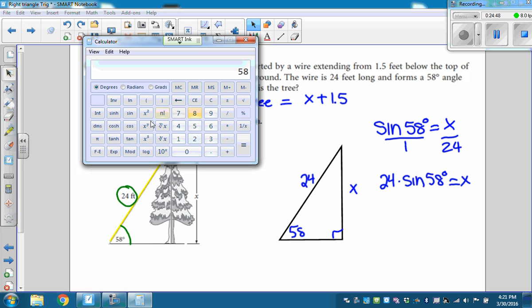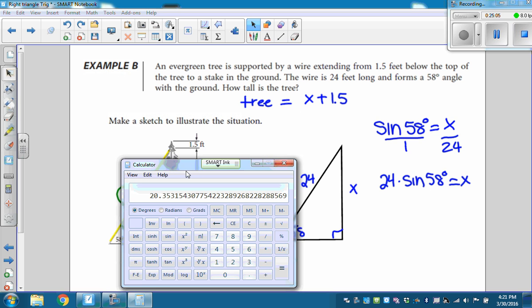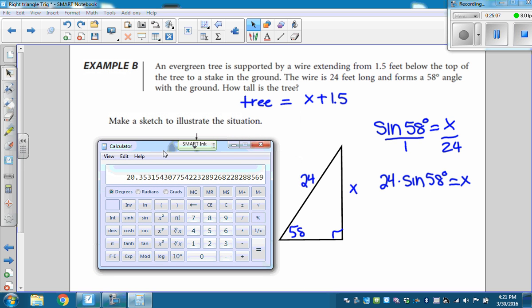I'll put the angle in first. 58 sine, that's the sine of 58. You can see that up here. Times 24 equals 20.35, and I'm going to make that my x.